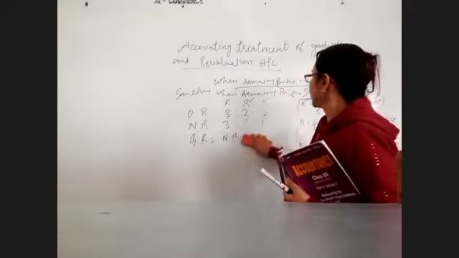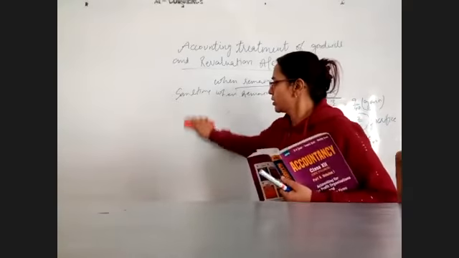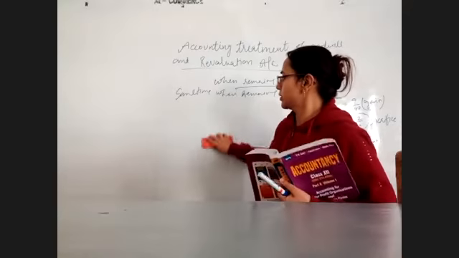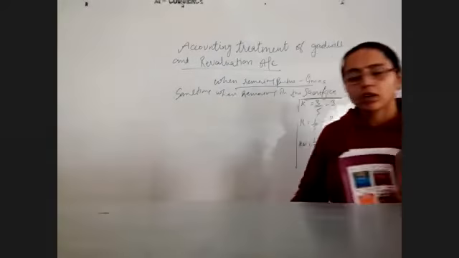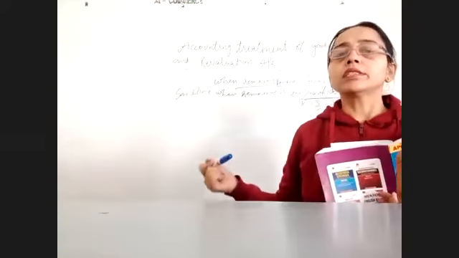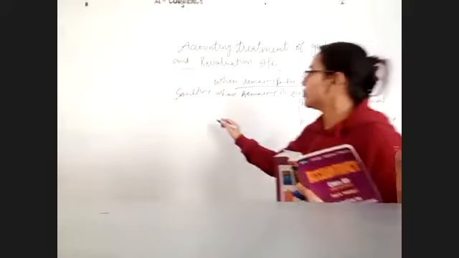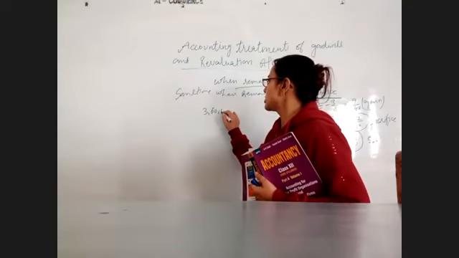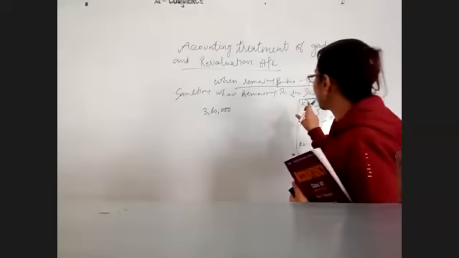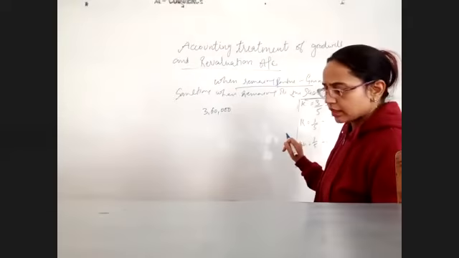Note down. First of all, we will calculate the share of goodwill of all three partners. Total value of goodwill is rupees 3,60,000, and Guru's share was 1/8.